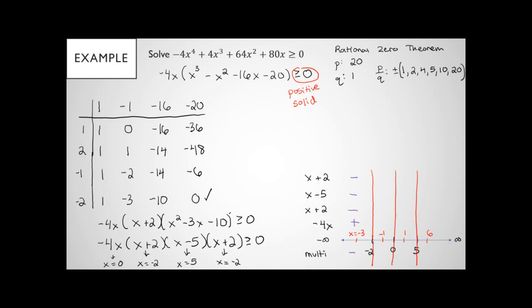Now, my next section, I'm going to plug in negative 1. Negative 1 plus 2 is 1, so that's positive. Negative 1 minus 5 is negative 6. Again, I have the same factor, x plus 2, so that's going to be the same. Then negative 4 times negative 1, that's positive. Odd number of negative signs, this is also negative.